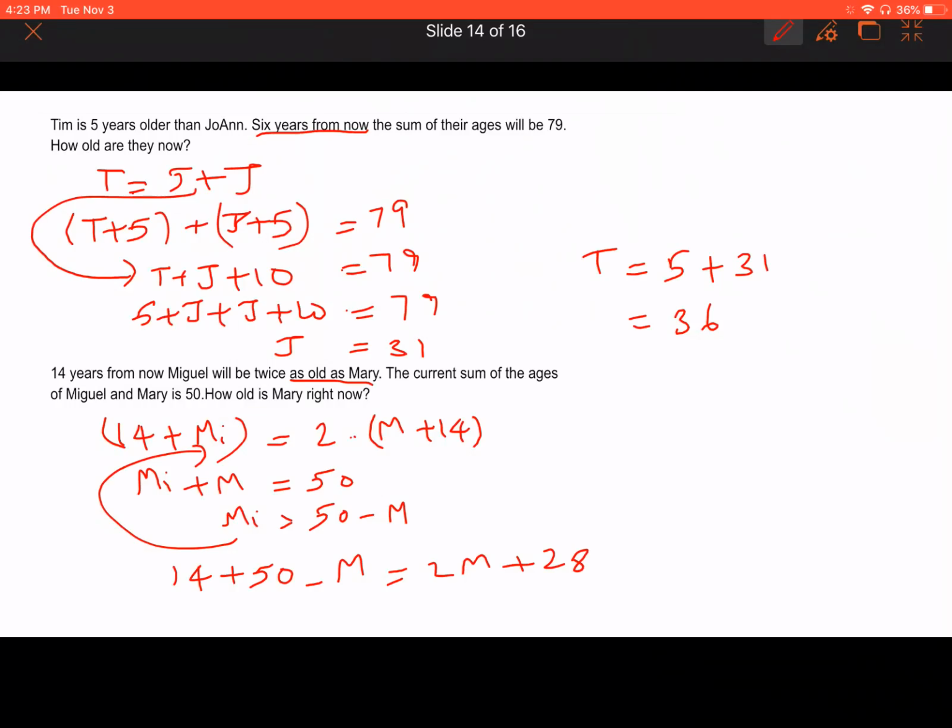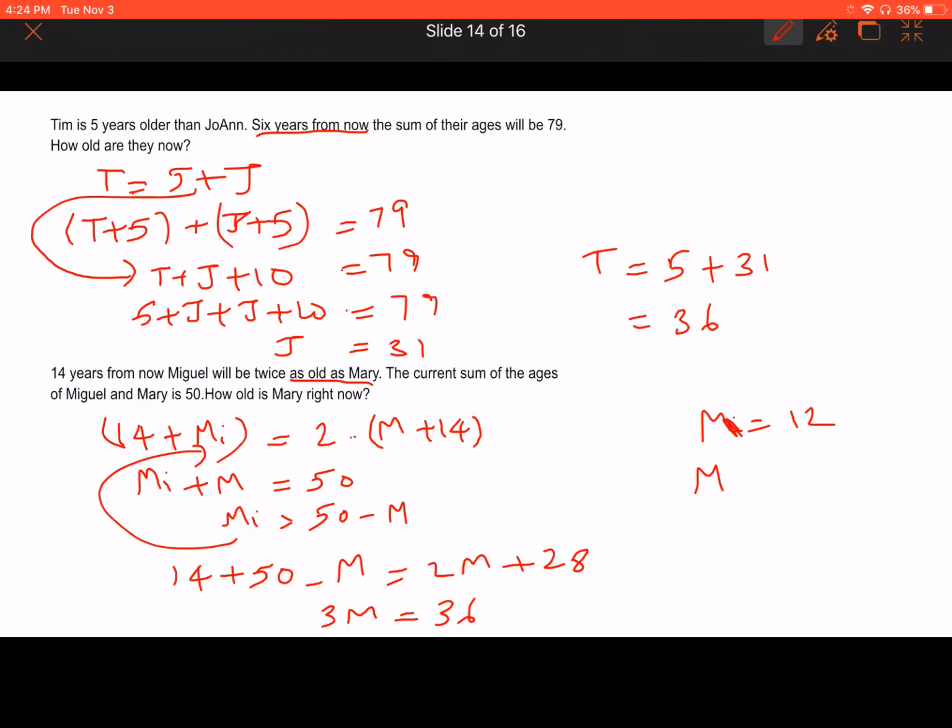So 3m is equal to 36, and m is equal to 12. So Mary's age is going to be 12.